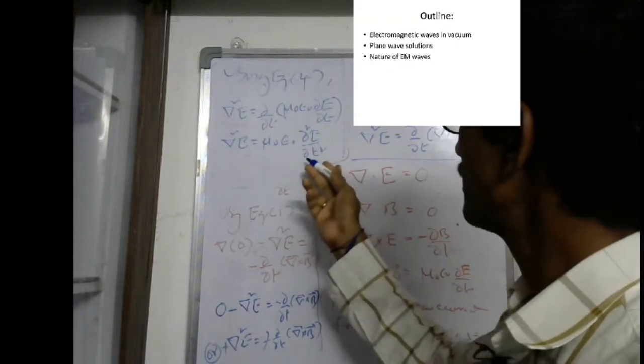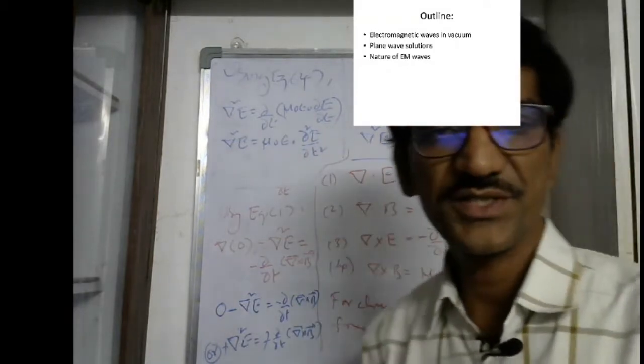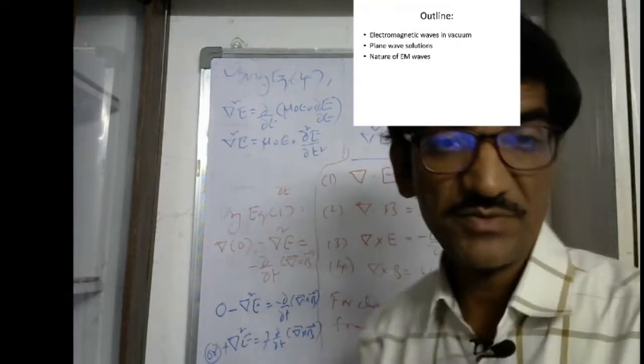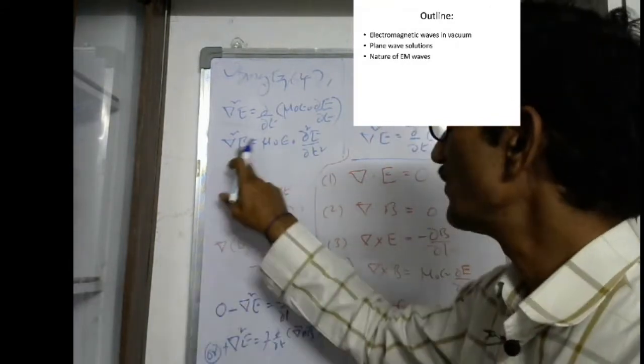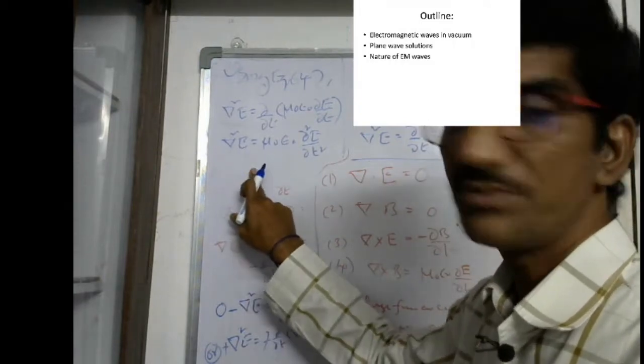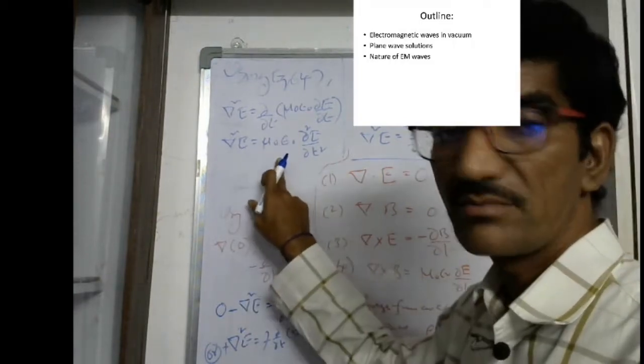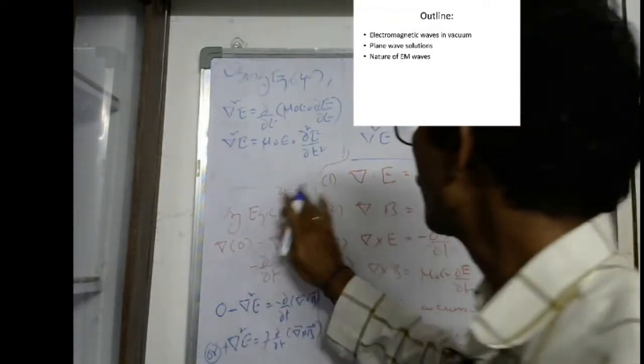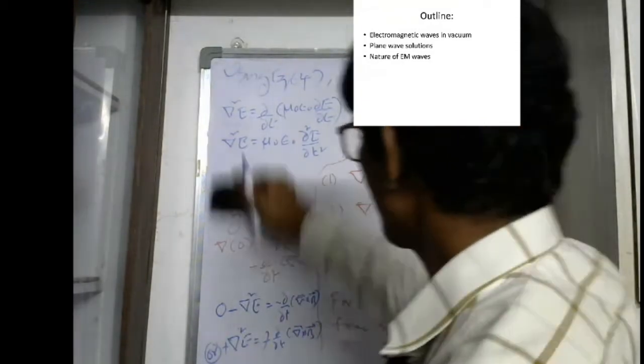On this side you are having differentiation with respect to t. It looks very similar to dou square y by dou x square is equal to 1 by v square dou square y by dou t square.